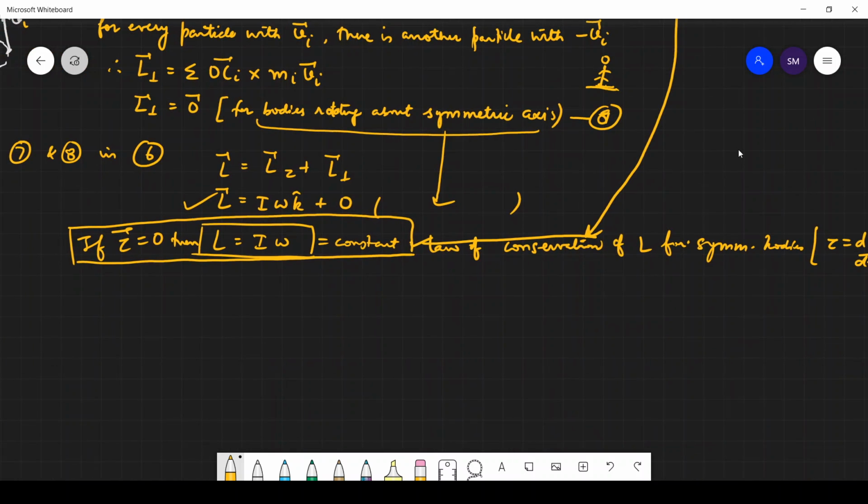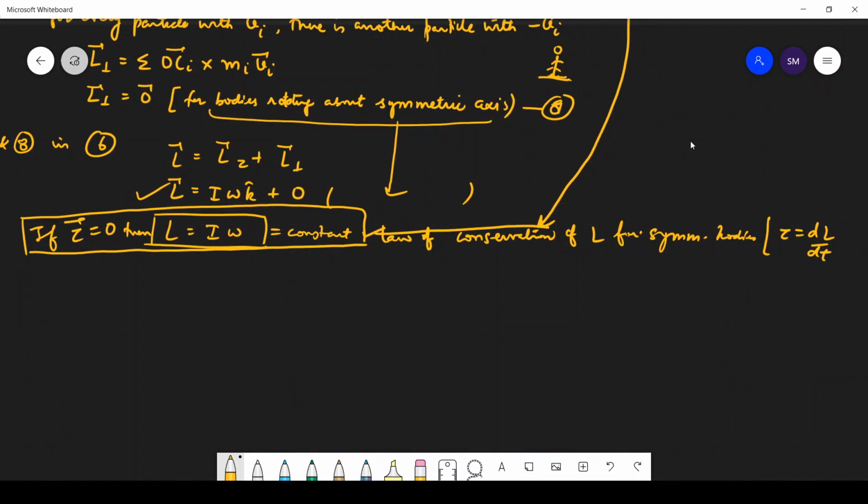Like I discussed with you, you can see a figure in your book also. That is figure 7.36a, page number 173.